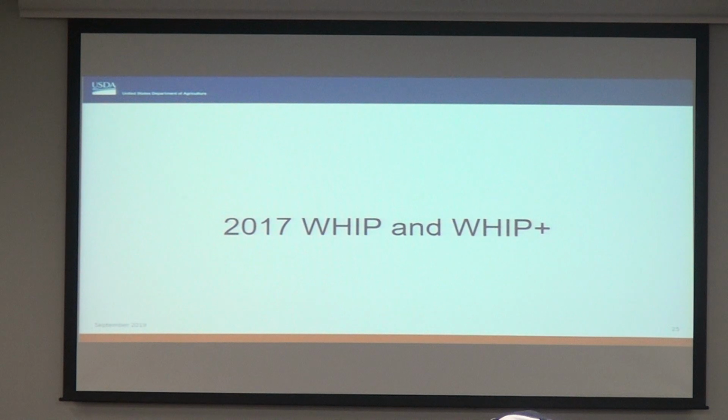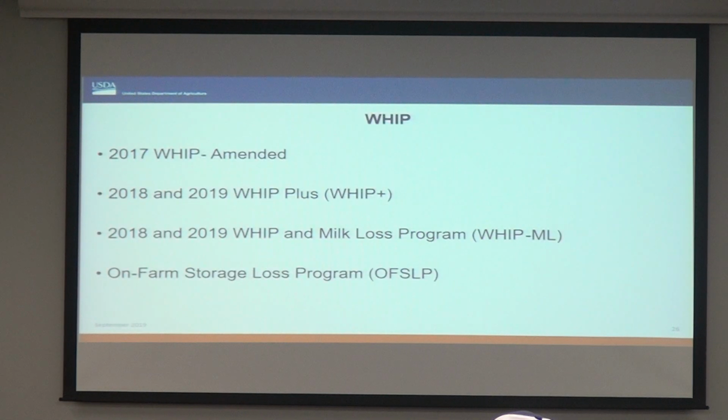Adam said our disaster programs, what we're offering this year, 2 disaster programs. We do have more, like the Emergency Conservation Program and the Emergency Forest Restoration Program. As far as row crops and everything, what we have is the WIP program. Now there's 2017 WIP that was enacted last year and WIP plus for this year for 18-19 disasters.